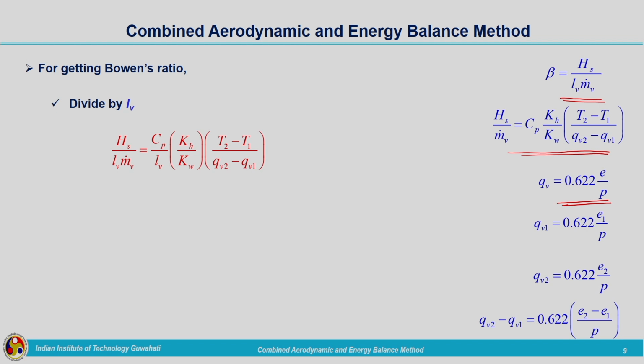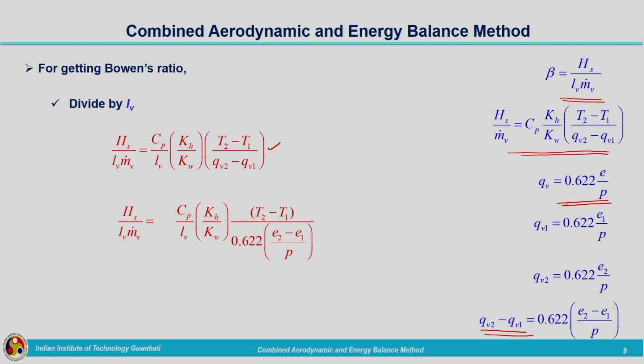That is why we consider only P. So, we can substitute this in the equation. When we substitute, the equation takes the form Hs divided by Lv mv dot as Cp divided by Lv, Kh divided by Kw, T2 minus T1 divided by 0.622 E2 minus E1 divided by P.